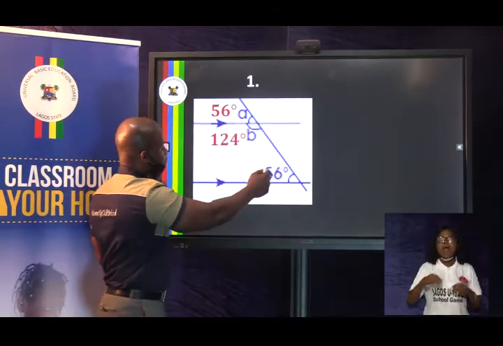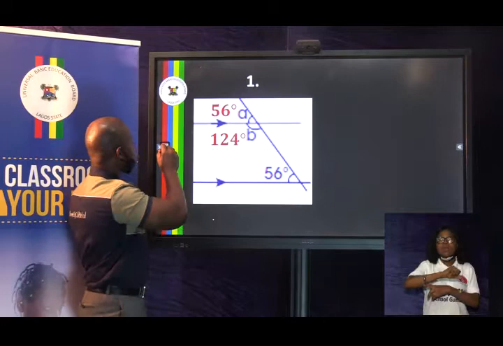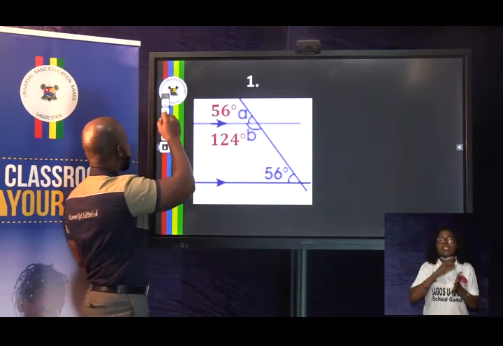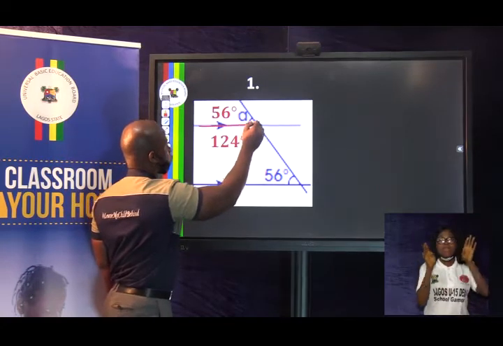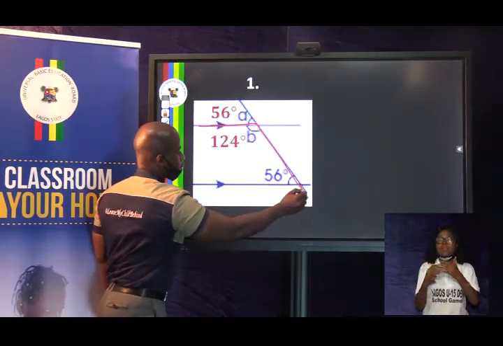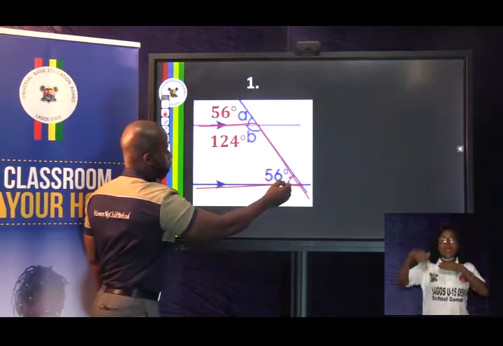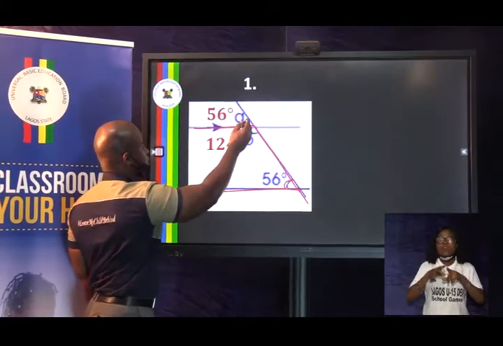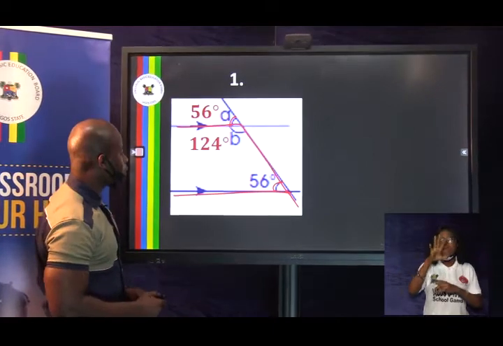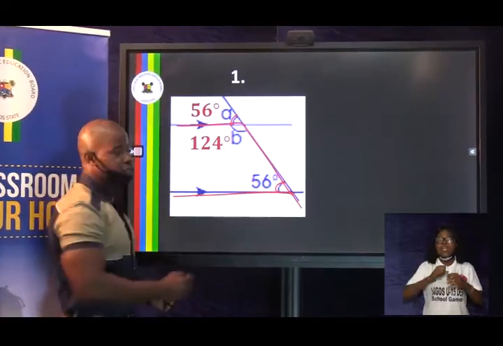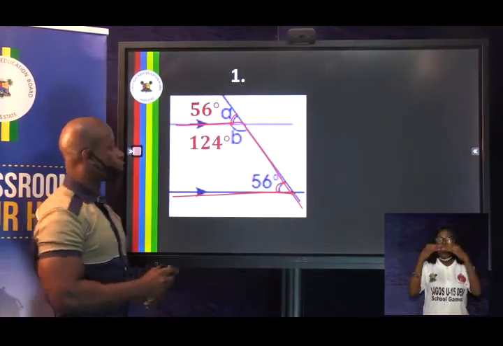A and 56 are corresponding angles. You will recall that this is the F facing backwards. So if this is 56 above the line, then this will also be 56 above the line. Now, B and 56 are interior opposite angles.